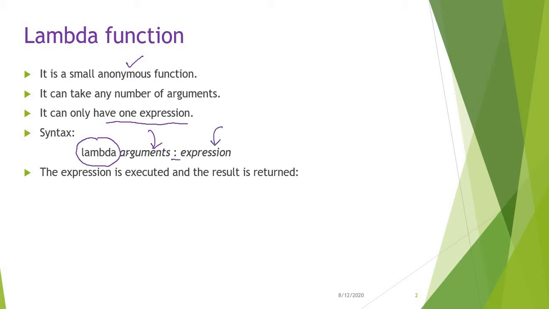As I stated earlier, the arguments can be any number, whereas the expression should be only one expression. This expression is executed by getting the inputs through the arguments, and the lambda function returns the result.